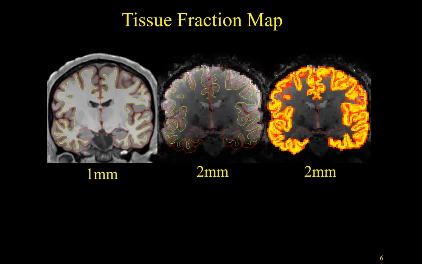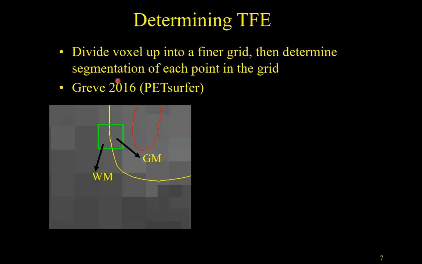So one question is, how do you determine what this tissue fraction effect is? The way that I do it in FreeSurfer, including PetSurfer, and to give you a little bit more background, this type of partial volume effect is much, much worse in PET than it is in fMRI. I have something called PetSurfer, which integrates FreeSurfer and PET analysis. And so I cut my teeth on partial volume correction using PET, and that's why there are references to PetSurfer.